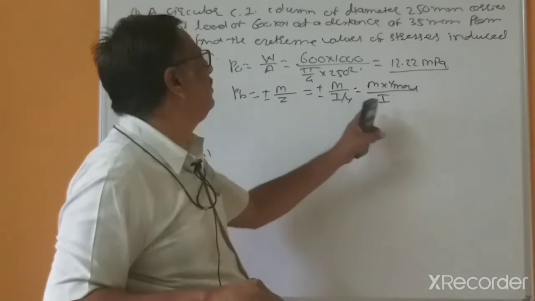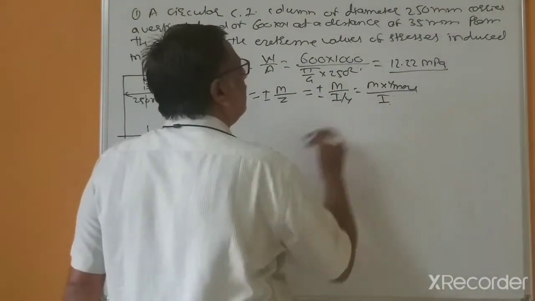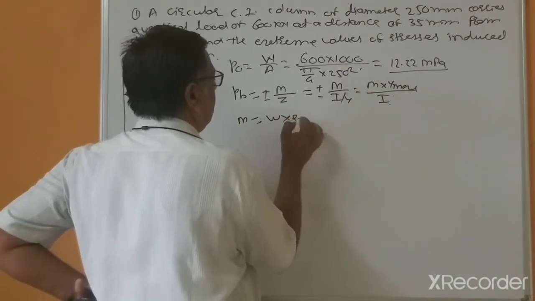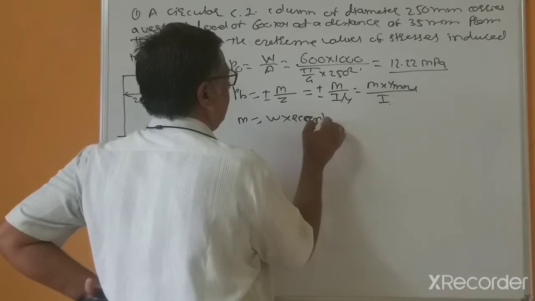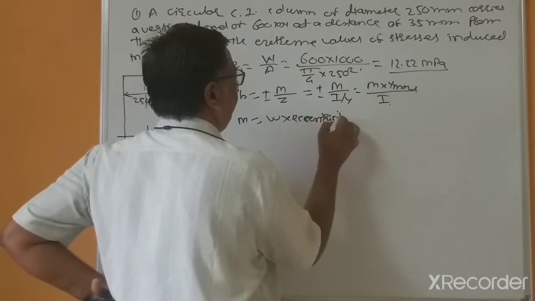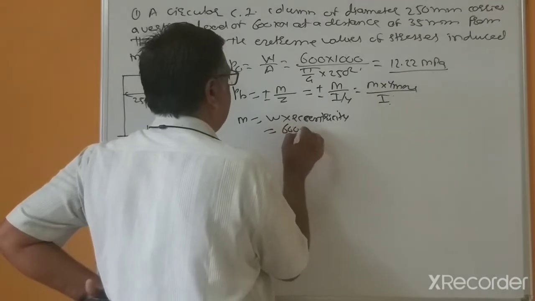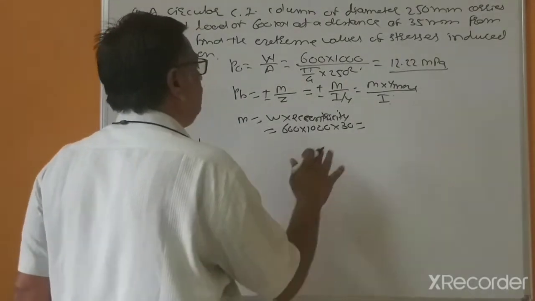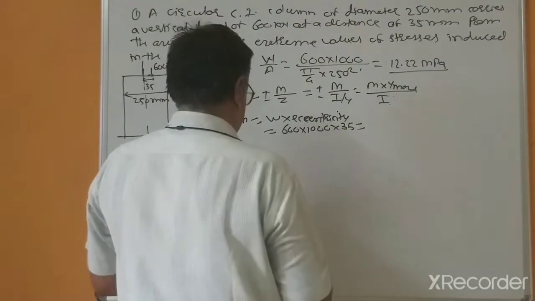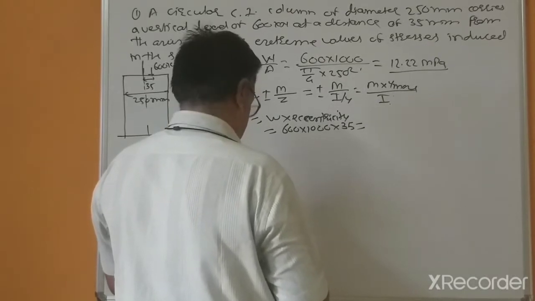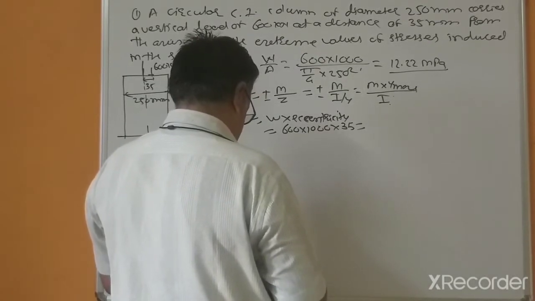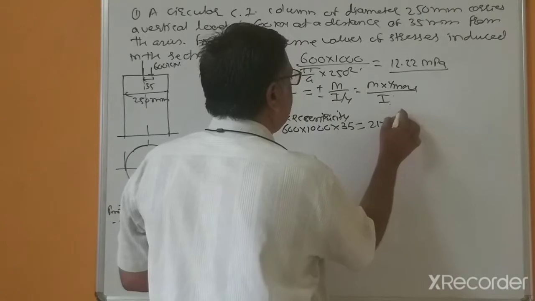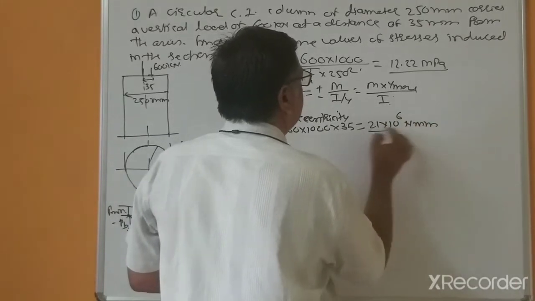Since this is circular, M equals load multiplied by eccentricity. Load is 600 kilonewtons multiplied by 1000, eccentricity 35. This is equal to 21 into 10 to the power 6 Newton mm.